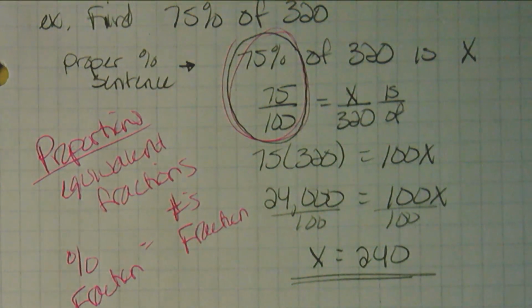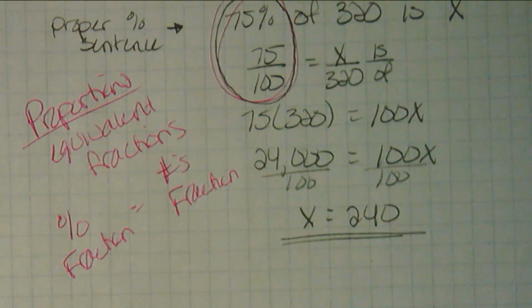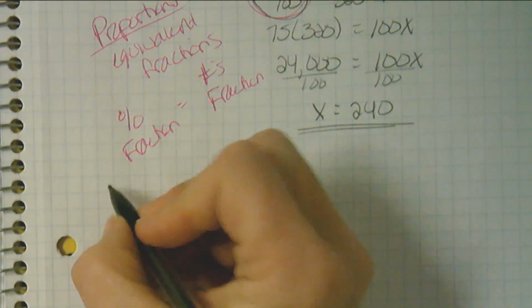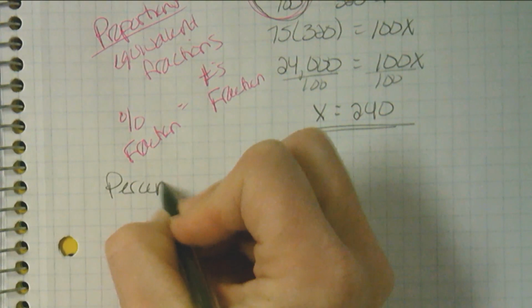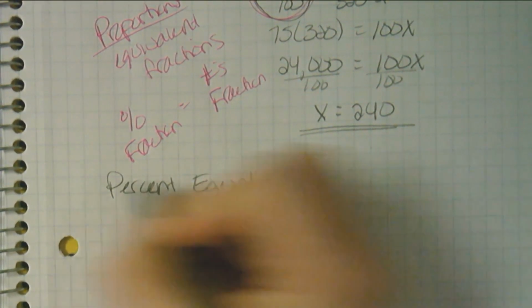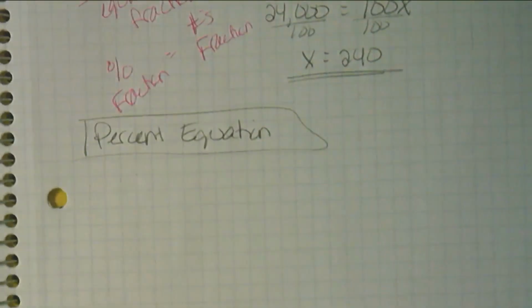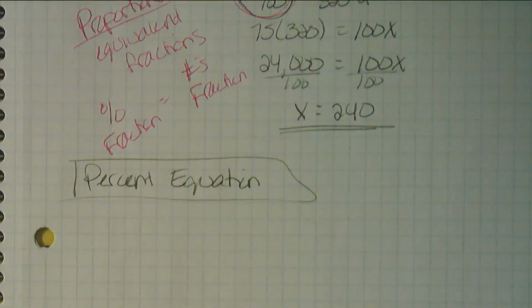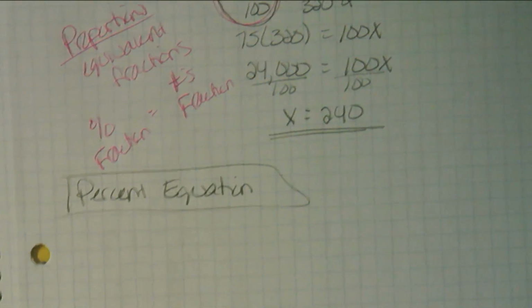Let's talk about our percent equation. Chris, that's a good lead-in for me on that. So let's talk about the second method, which is our percent equation. Questions on proportions? Okay.